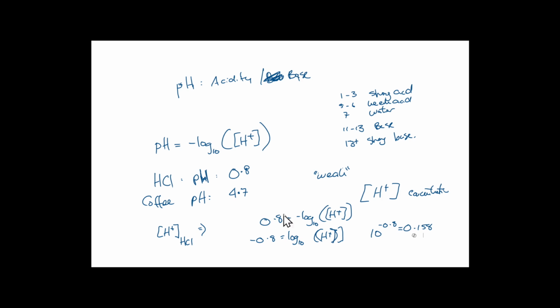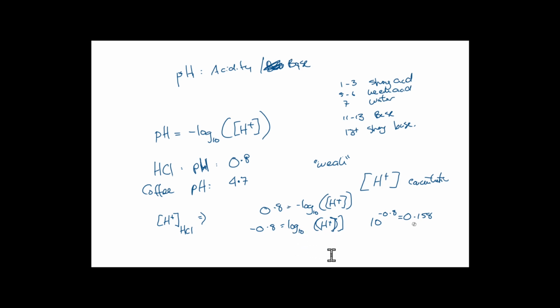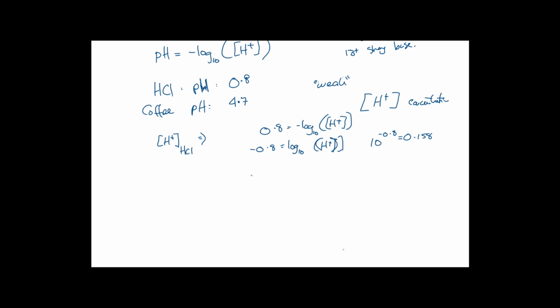Okay, fair enough. Now let's look at the concentration of coffee. So the pH of coffee is 4.7. So that means that 4.7 equals the negative log base 10 of the concentration of hydrogen. So minus 4.7 equals log 10 of that concentration.